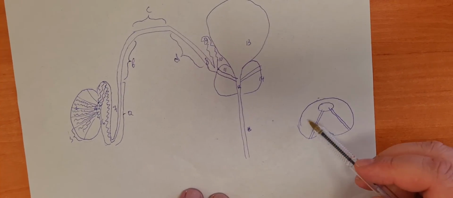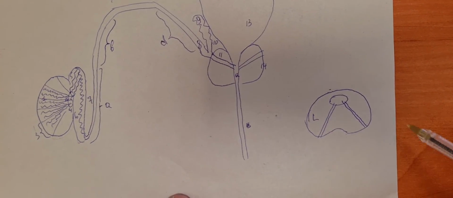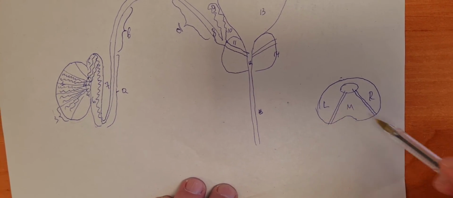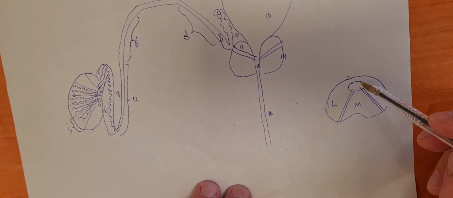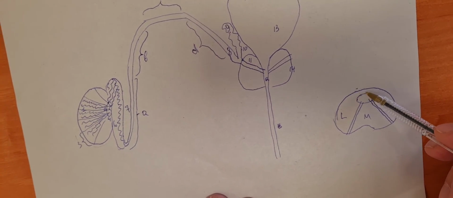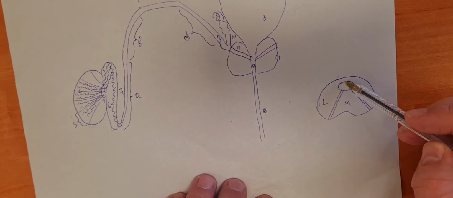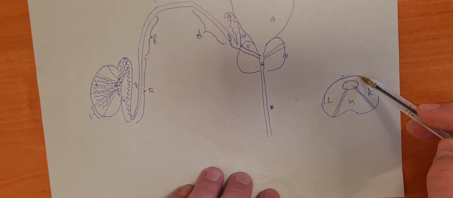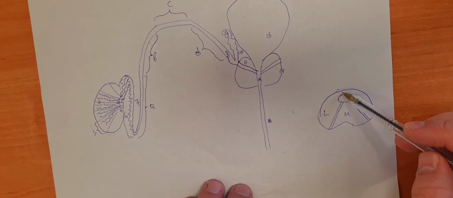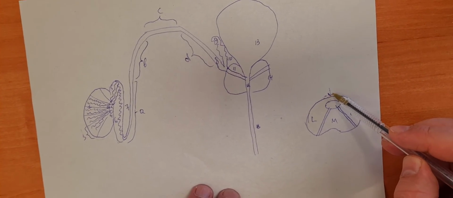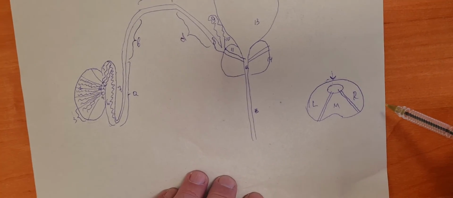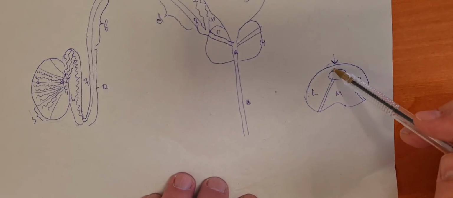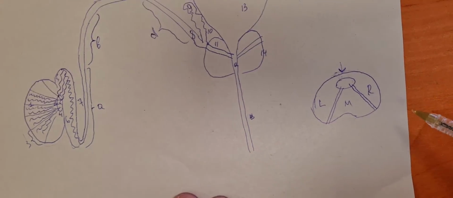In this case we have left lobe, lobus sinister, right lobe, lobus dexter, and middle lobe, lobus medius. And isthmus of prostate gland, that is the narrow part of prostate gland in front, in the space between urethra and anterior surface of prostate gland. Here it is, isthmus of prostate gland.